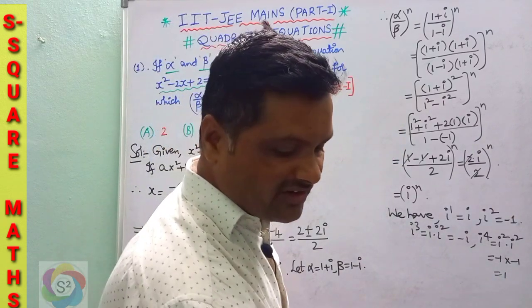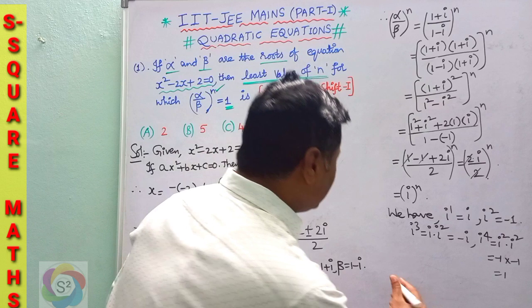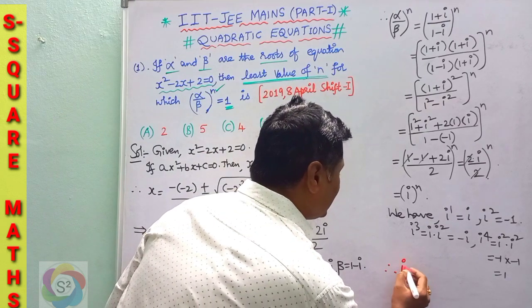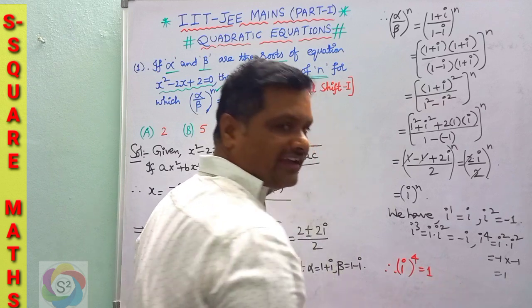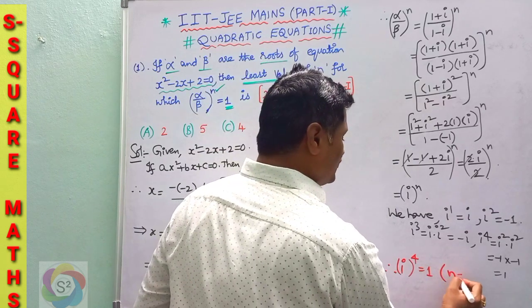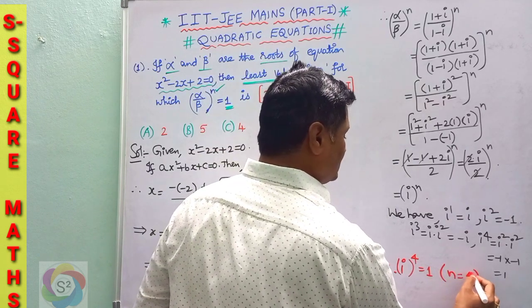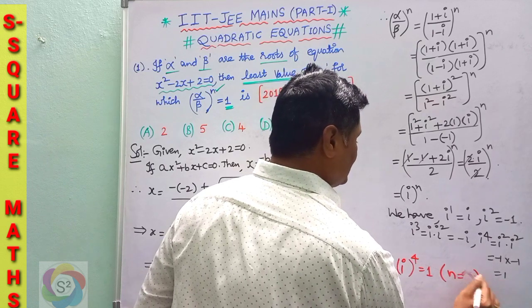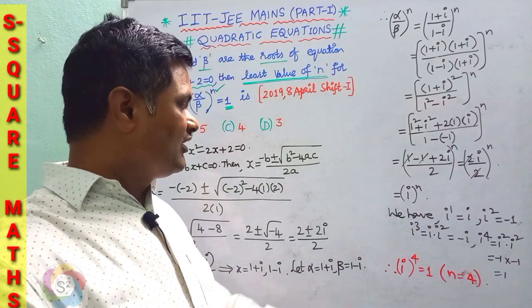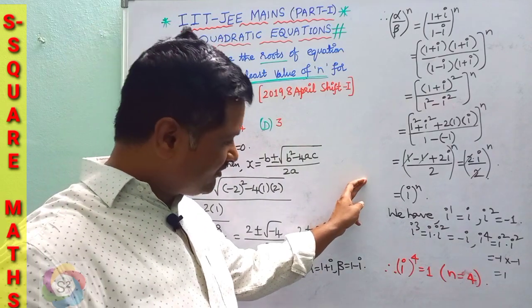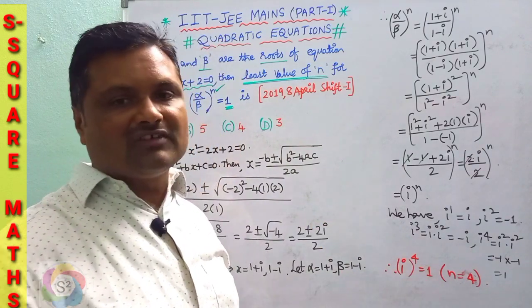So what did you understand here? Therefore here i^4 is equal to 1, nothing but for n equal to 4. For n equal to 4 we got i^n equal to 1.